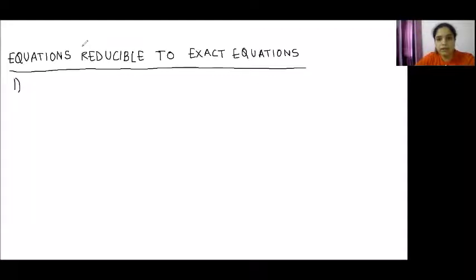The first one is: if the differential equation M dx plus N dy is homogeneous, and it is not exact, because we are discussing here differential equations which are not exact. We have this equation which is not exact and which is homogeneous.